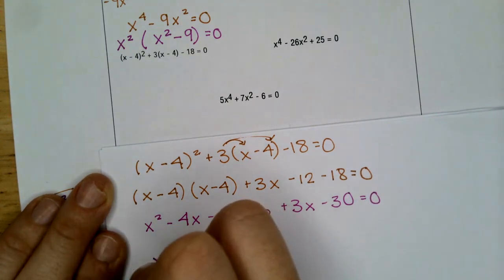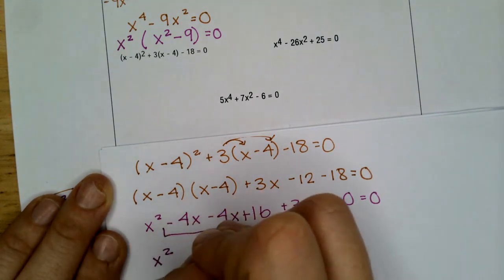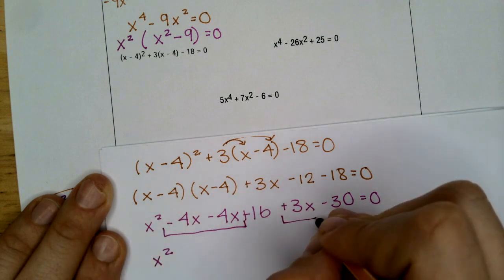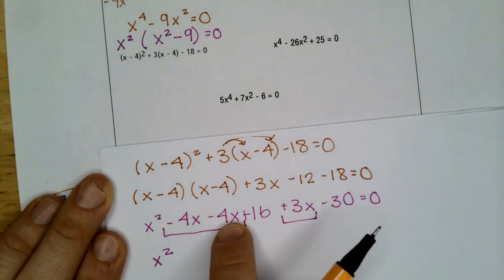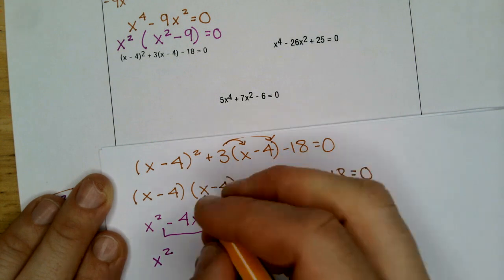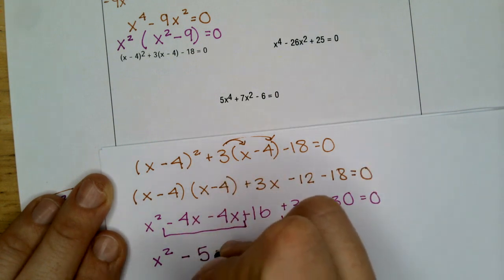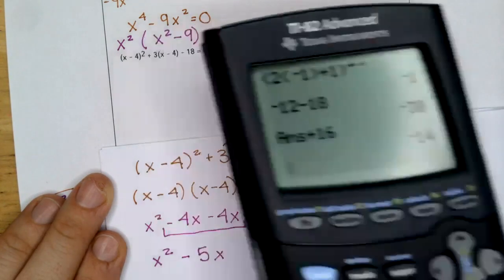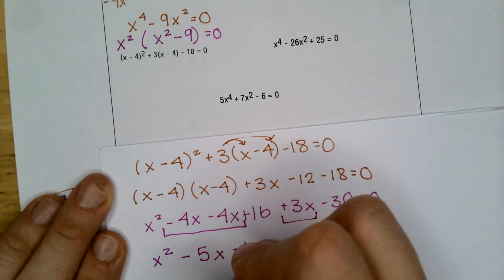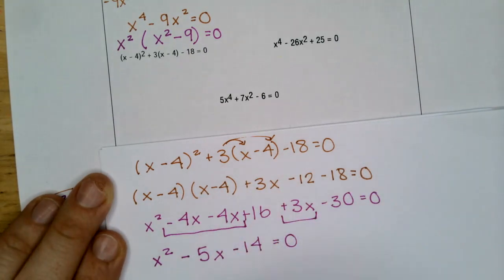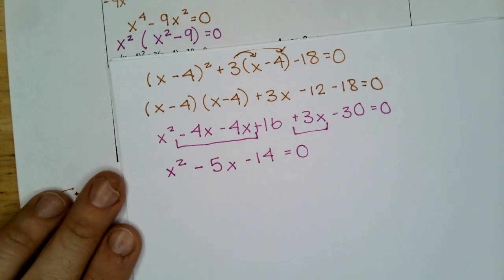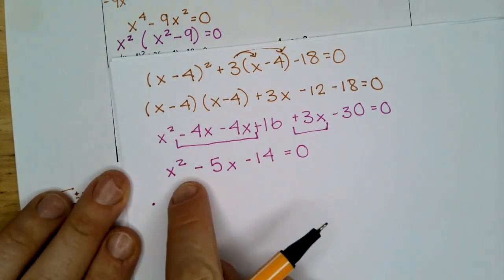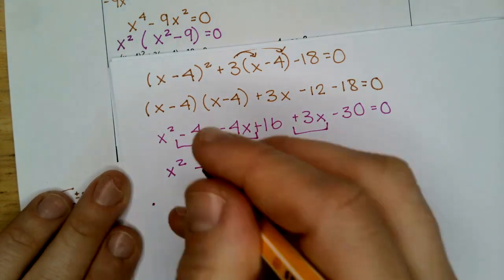I can now combine x squared, negative 4 minus 4 is a negative 8 plus 3x means a negative 5x plus 16 minus 30. So negative 30 plus 16 is negative 14 equals 0. Good.